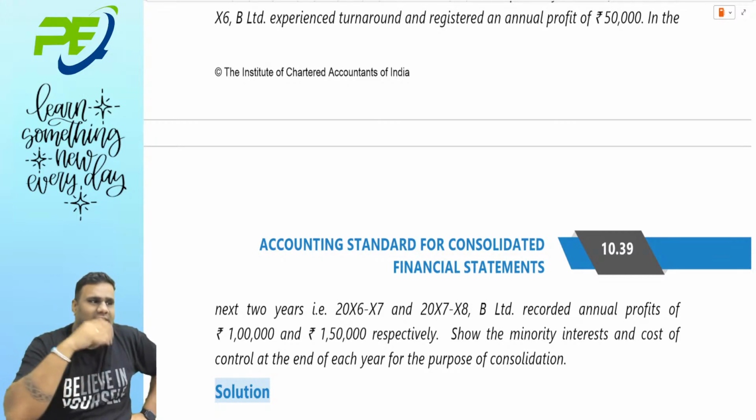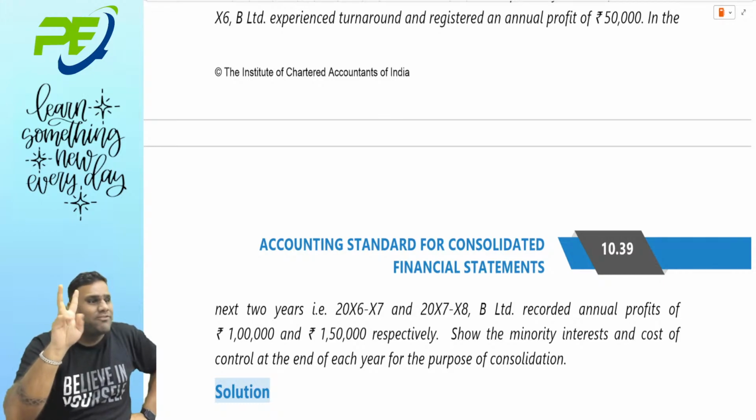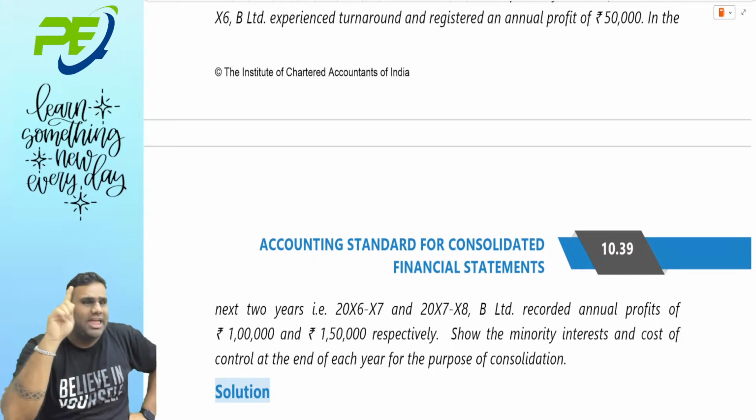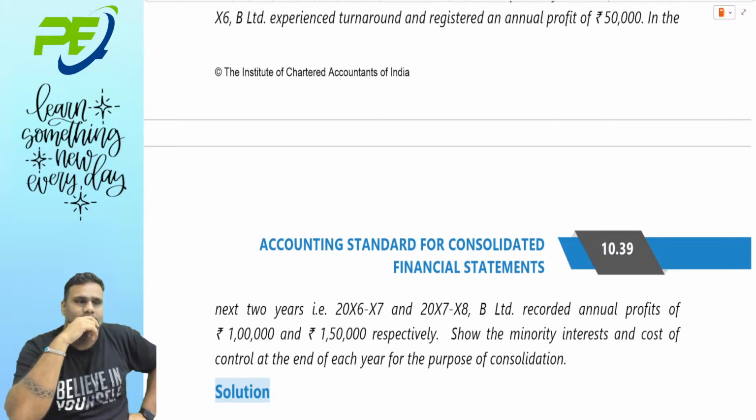I will bear. Second year, again 2 lakh. Third year, again 2 lakh loss. I had only 5 lakhs, and in the first 2 years I have already used 4 lakhs. 1 lakh I will bear. The remaining 1 lakh loss incurred, that is confirmed. Who will bear the loss is the question.